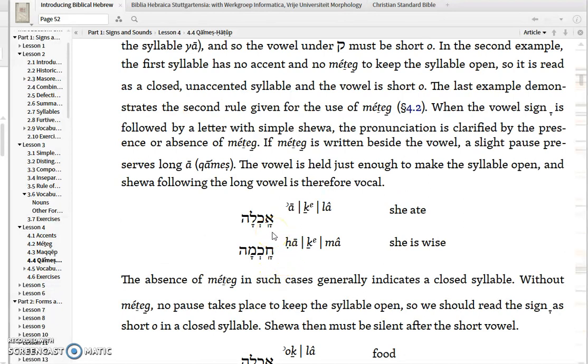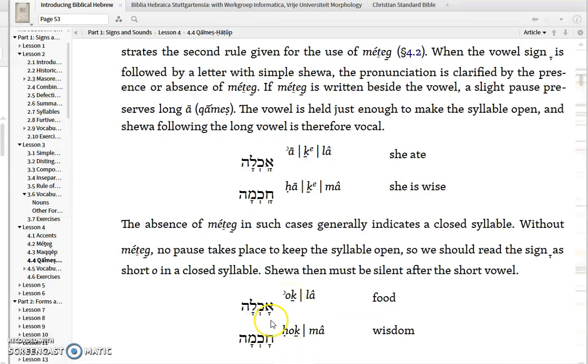Here's the word to eat. You have akala. There the metheg tells you it's an A vowel. But if you lack the metheg, it could be okla, which is a word for food. Likewise, the word for she is wise is hakama, and the metheg tells you it's an A vowel.